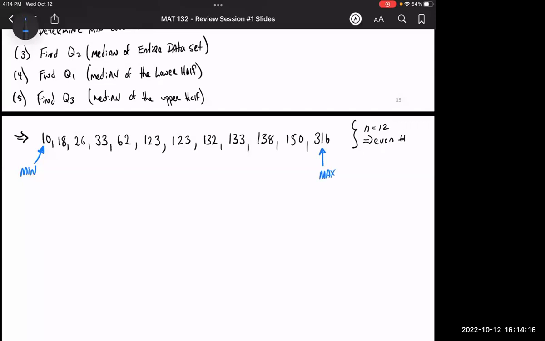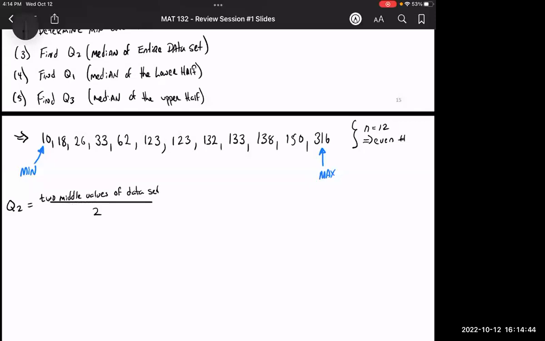Now, because n is equal to 12 and we have an even number, to get Q2, it would have to be the 2 middle values in this data set divided by 2. Right, so Q2 is equal to the 2 middle values of the whole data set, divided by 2.